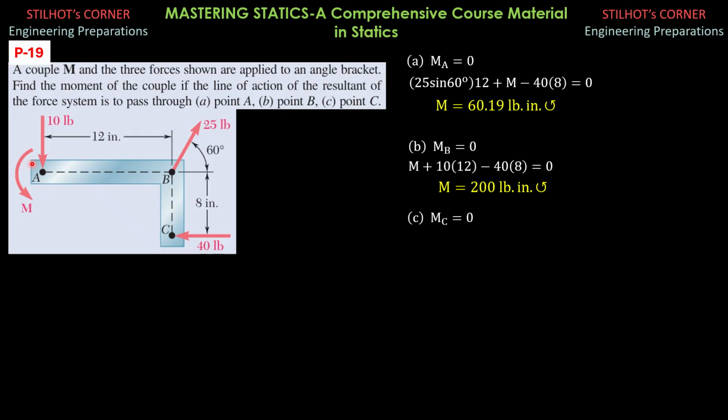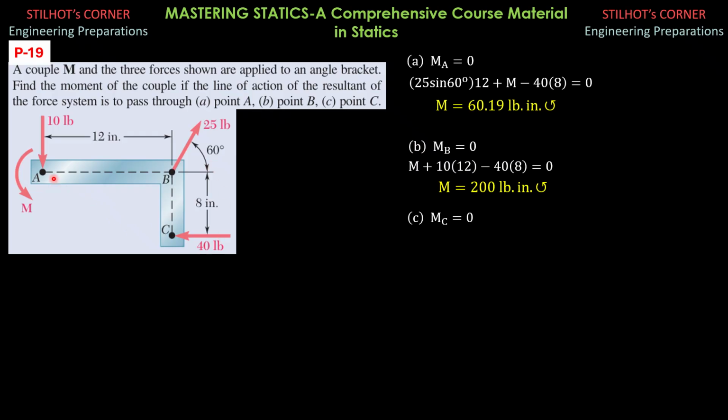So our equation would be M plus 10 times 12. Then for this force, the vertical component passes through C, so it has no moment, while the horizontal component 25 cosine 60 is clockwise about C, so minus 25 cosine 60 times 8 equals 0.